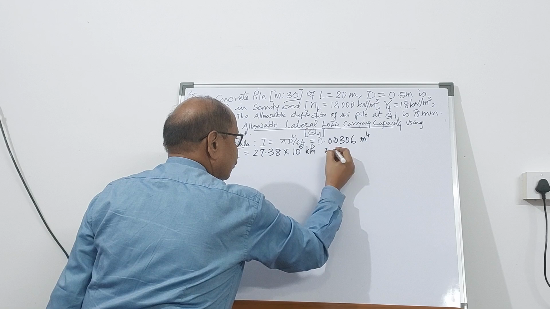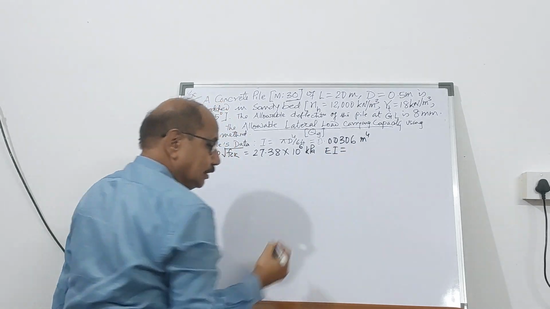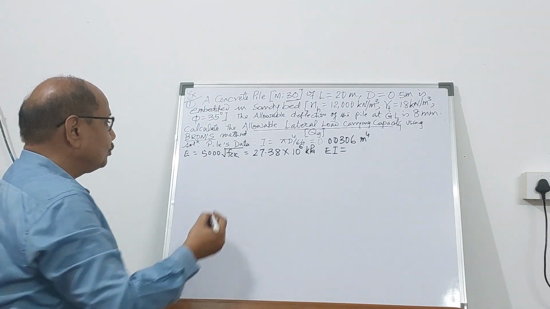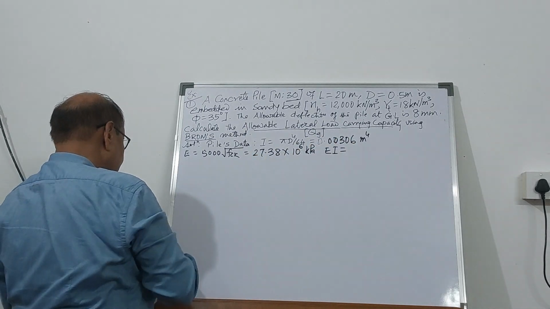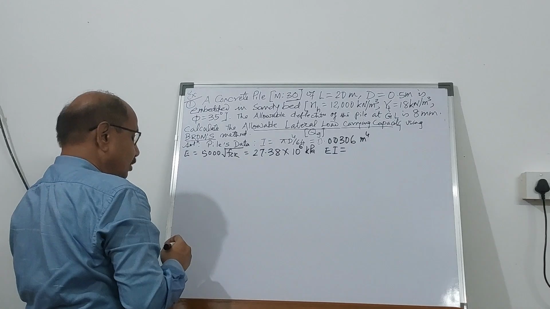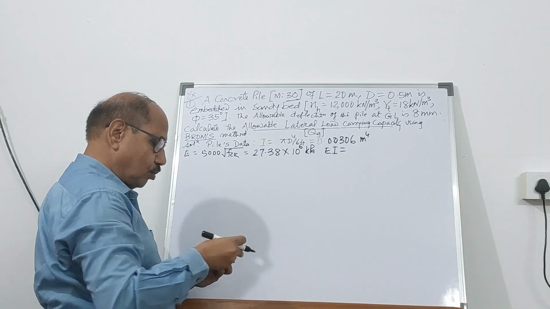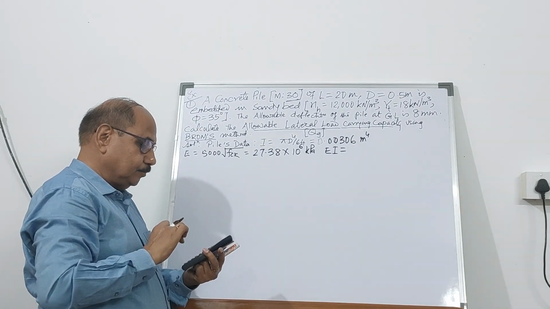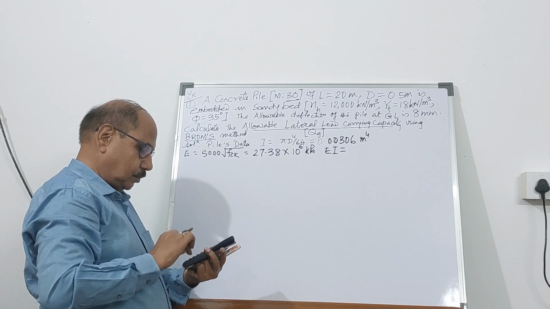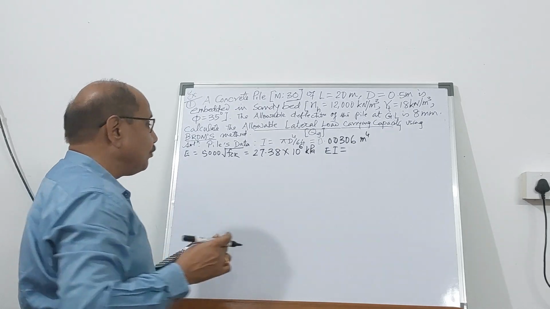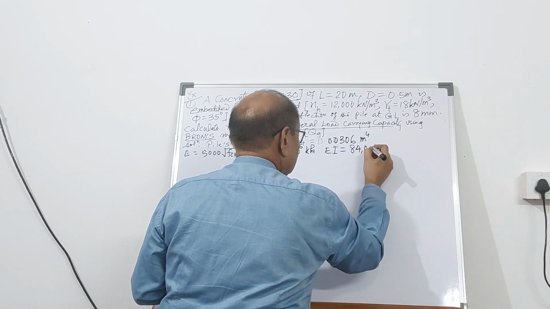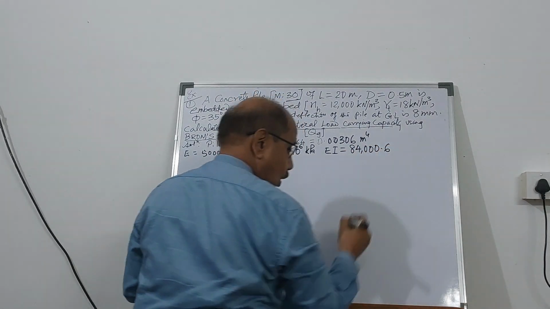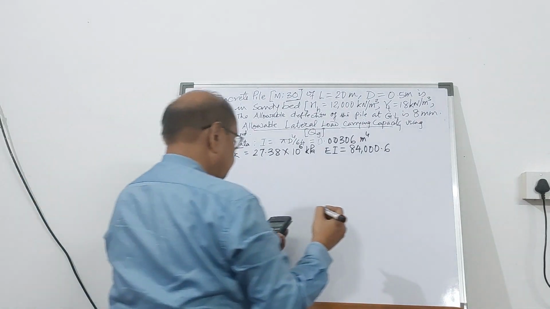So this is the modulus of elasticity. Therefore, you can calculate EI also. If you multiply these two quantities, you will be able to get the value of EI. It is 84,000.8.